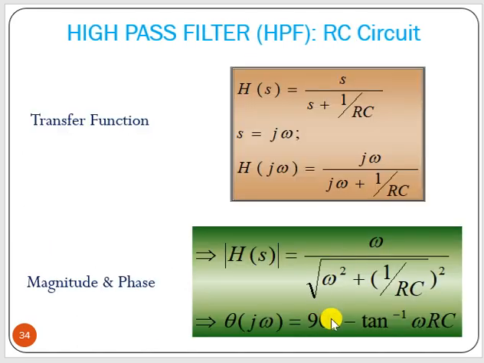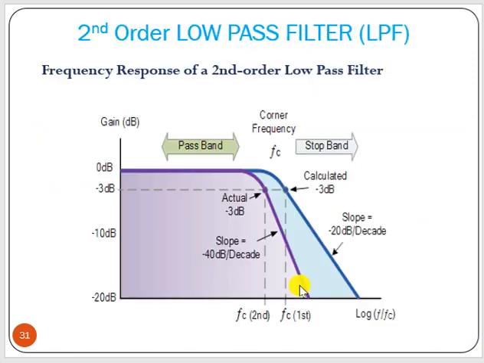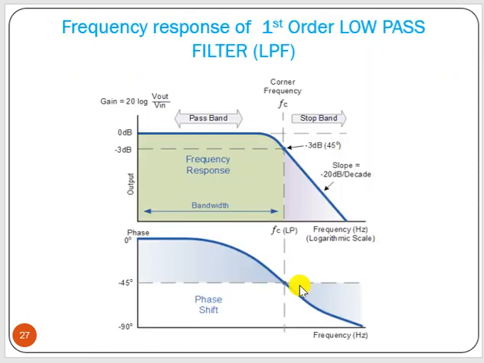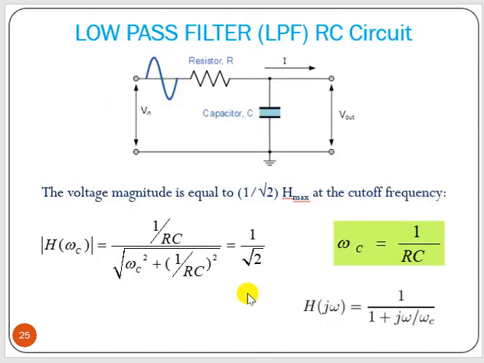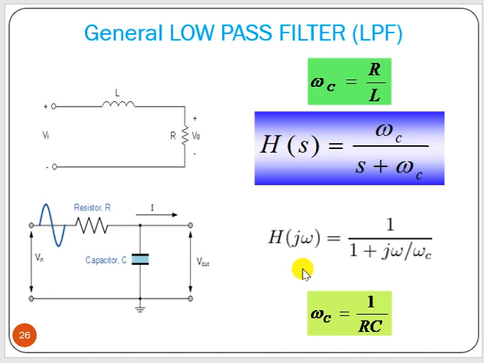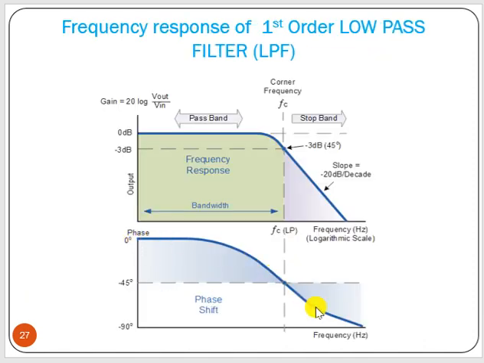Because here it starts from 90 degree minus angle, so it starts from 90 degree, and for this case it starts from 0 and goes to a negative value. So it is going from 0 to some negative value.